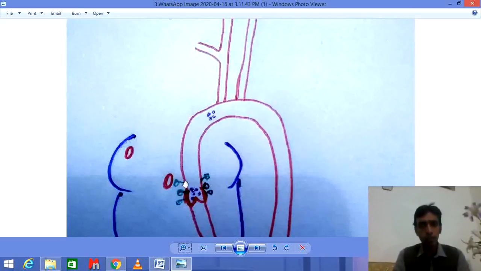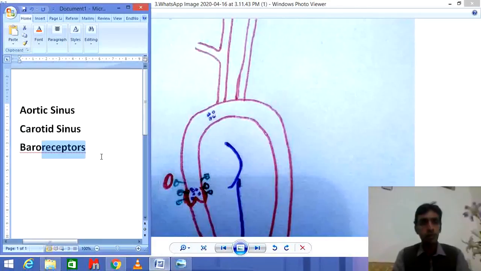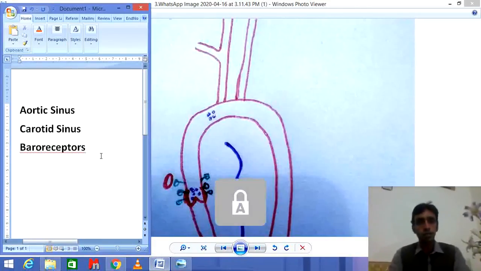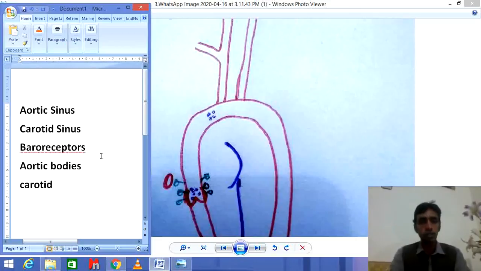So these bodies are called aortic bodies, and those present on the common carotid artery, or the internal carotid artery, are called carotid bodies.